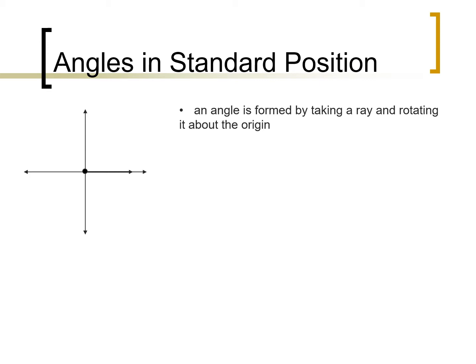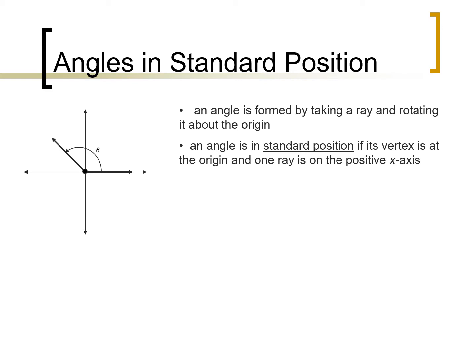I'm going to rotate that about the origin, perhaps something like that. And the stuff inside there is my angle. And I'm usually going to label my angles using the Greek letter theta. That's my angle, angle theta.